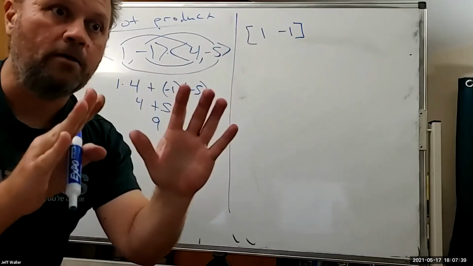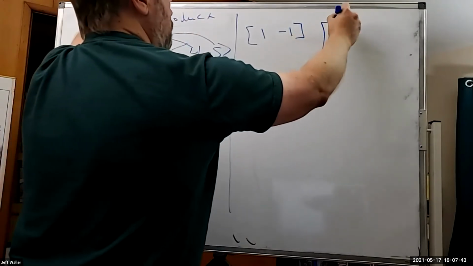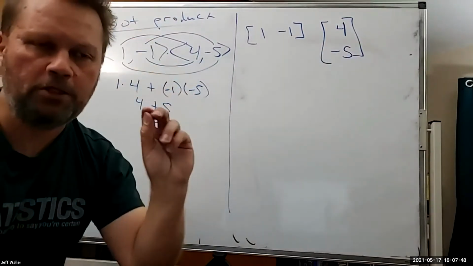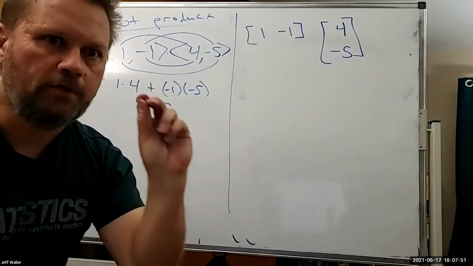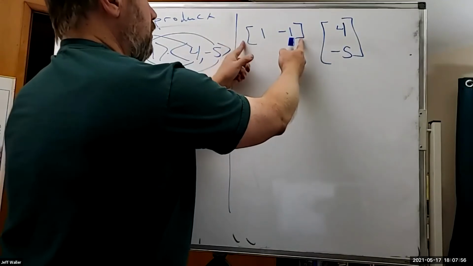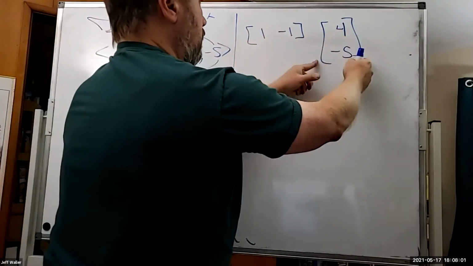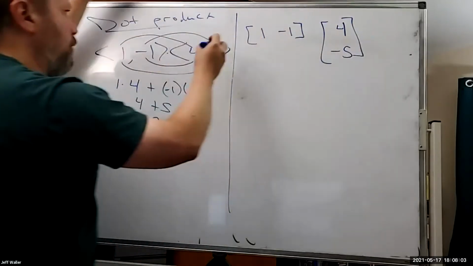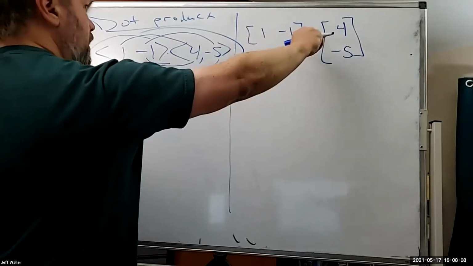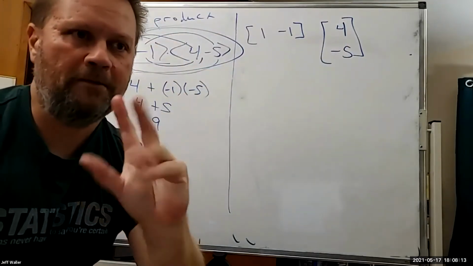Okay. Now, I'm going to write next to this a vector written vertically. So the way we chose to do matrix multiplication is that any matrix that's written here, I consider the vectors this way. Any matrix written here, I consider the vectors this way. So if I want to represent this dot product, I have to put this one this way and this one that way. Just please stay with me.